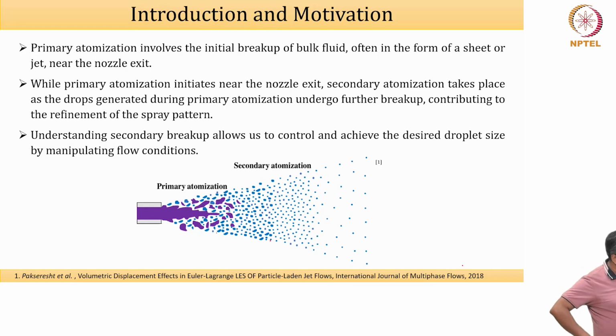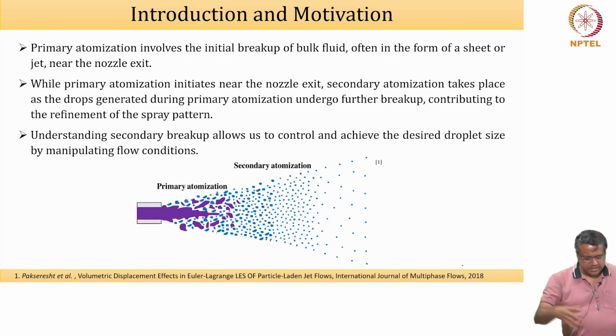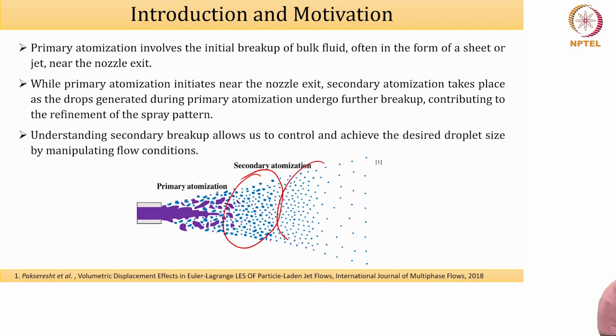So we already talked about primary atomization. Primary atomization does the initial job. It breaks things up for you a little bit, right? Either inside the nozzle or both inside and outside the nozzle, okay? So after the primary atomization, if you look at it here, you start getting these daughter droplets, right?